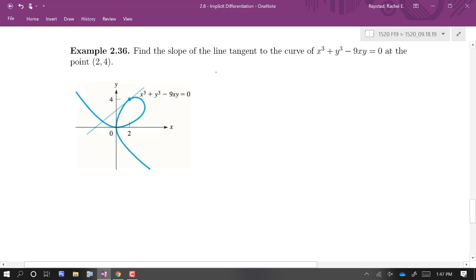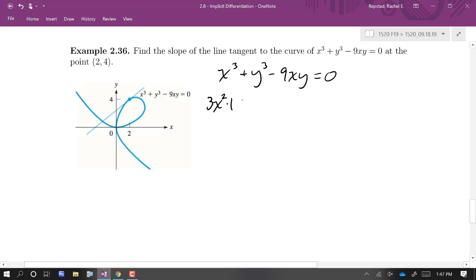We have our equation, x cubed plus y cubed minus 9xy equals 0. Let's begin taking the derivative. What do we get first? 3x squared times 1.